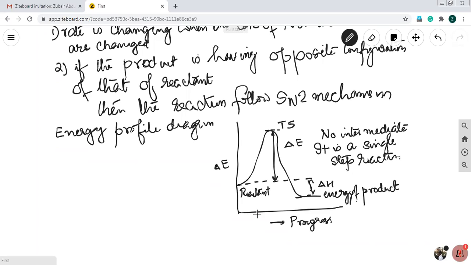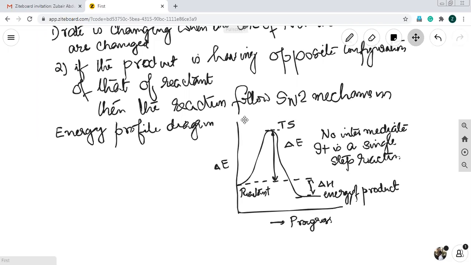Now let us see what the different factors are which affect the SN2 reactions. Factors that affect this SN2 reaction. Let us look at the structure of the substrate.